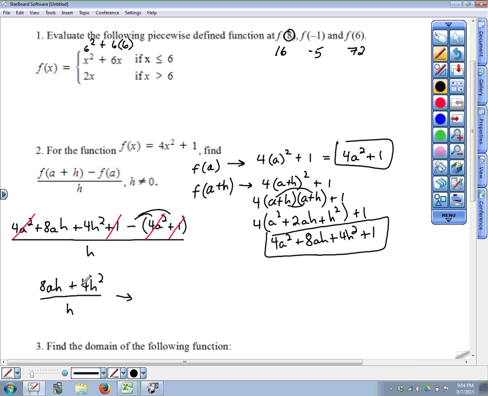And if you look in the numerator, both terms in the numerator have an h as a common factor, so if you factor out an h, okay, and then this h that you factored out can cancel with that h in the denominator.